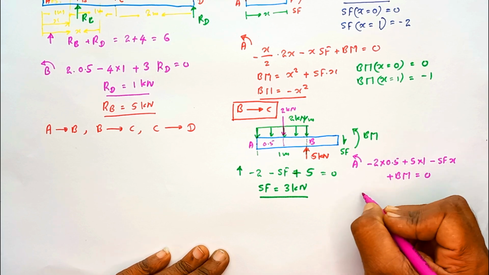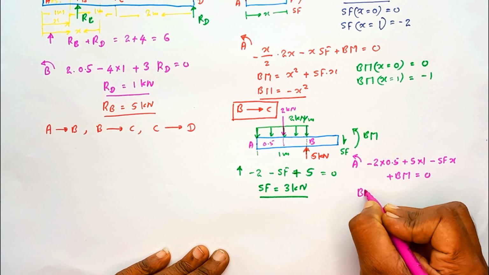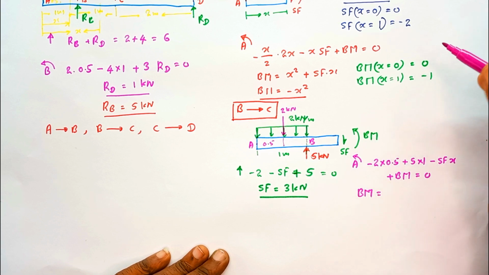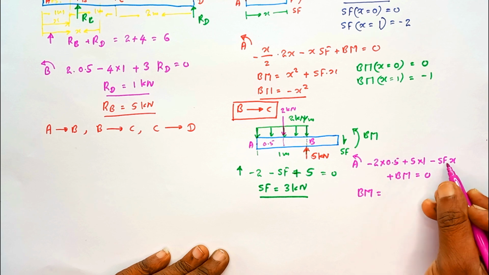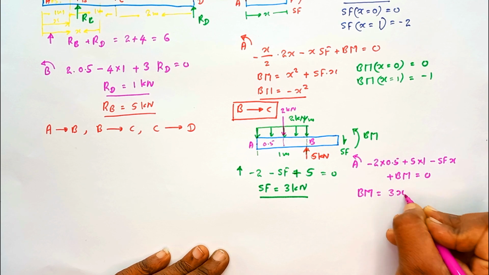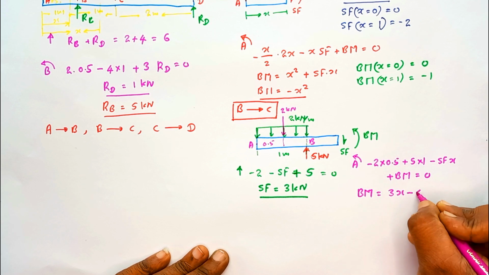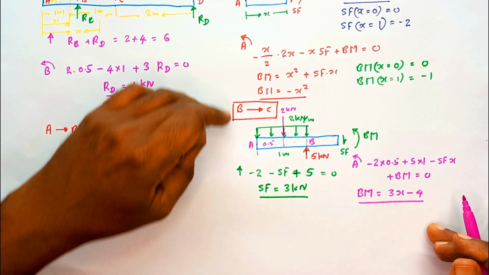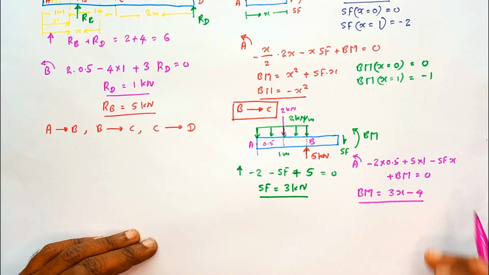By simplifying this equation, with the shear force value equal to 3, the bending moment is equal to 3x minus 4. This is how the bending moment varies throughout the length of the B to C region.